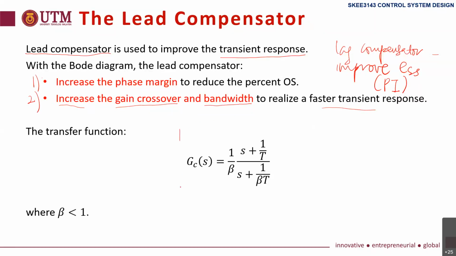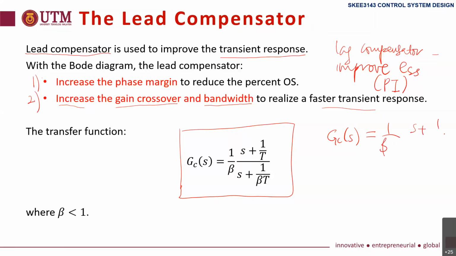This is the transfer function of the lead compensator. Gc equals (1 over beta S plus 1 over T) over (S plus 1 over beta T), and beta is less than 1.